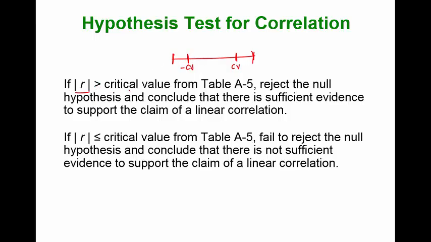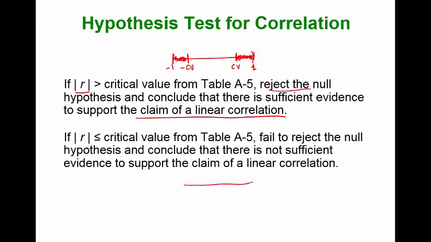If R is bigger than the CV on the positive side, that's easy to acknowledge. It's just going to be the values that are closer to 1. But on the negative side, we have to look at it the other way. It's going to be the values that are closer to negative 1. And when that happens, you reject the null hypothesis and you conclude that there is, in fact, a linear correlation.